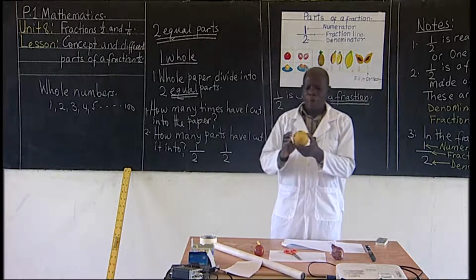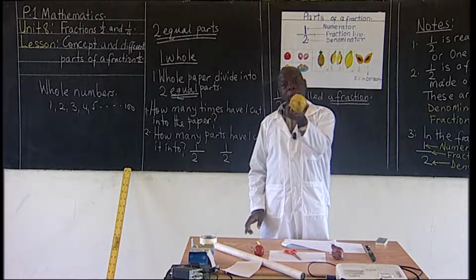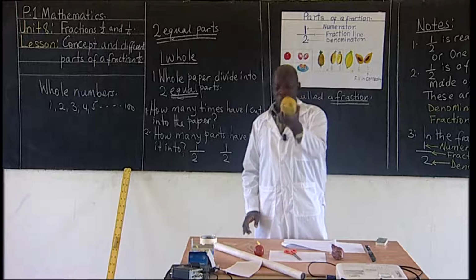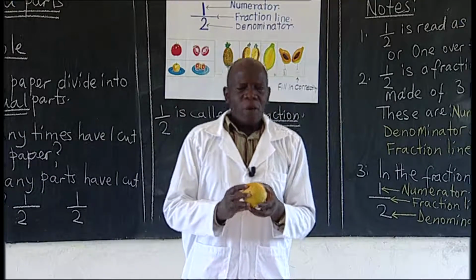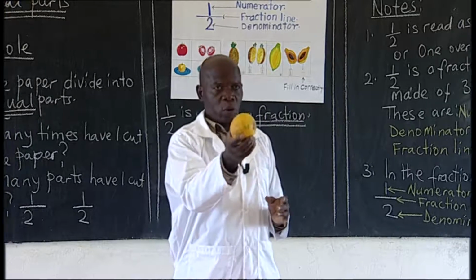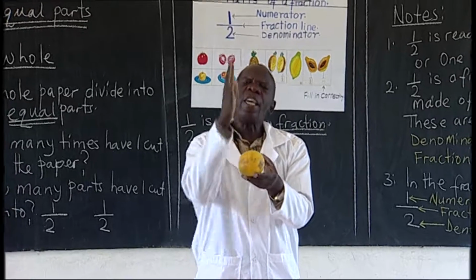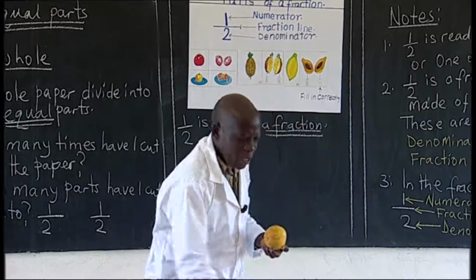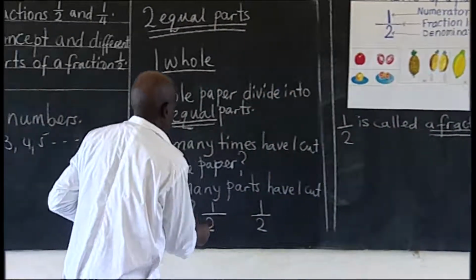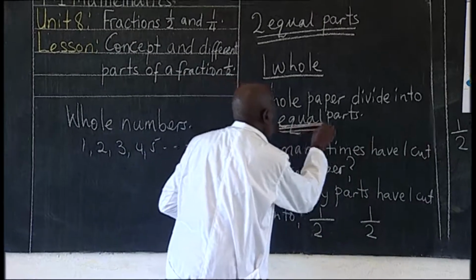Now, let's look at another example. Here I have an orange. This is a fruit. Do you like oranges? Good. But I want to share it with two people, two children. But I want to share it equally. I want you to understand the word equal.